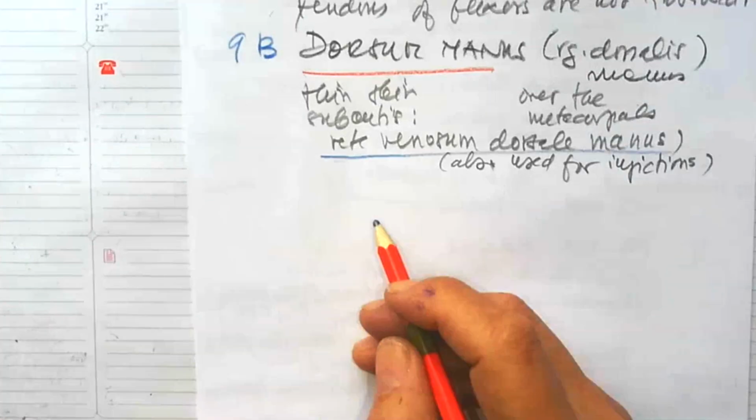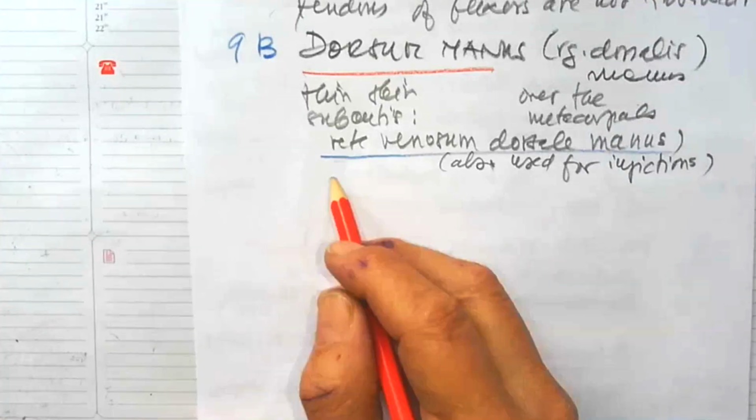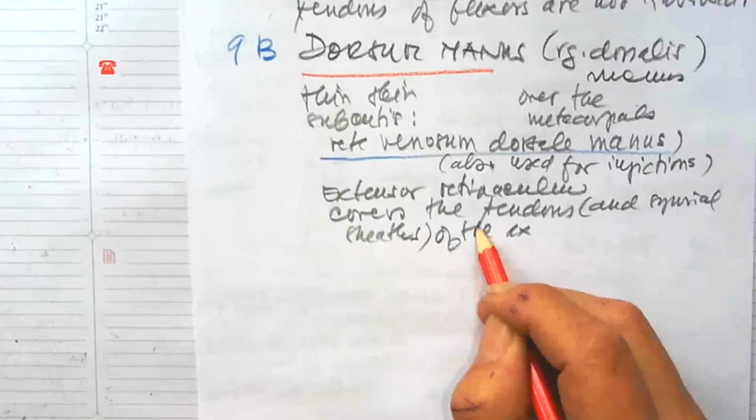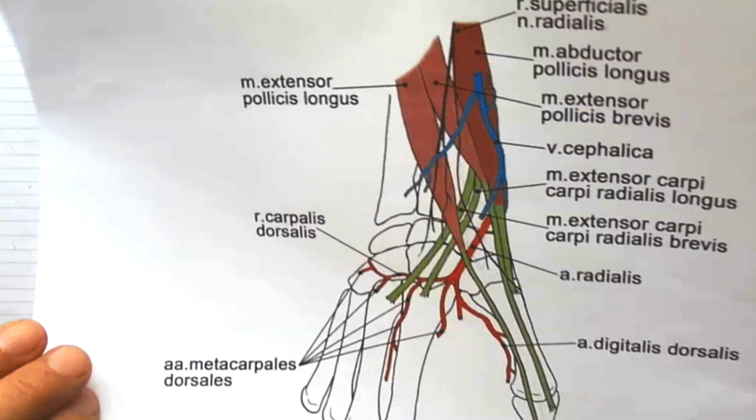Then follows the extensor retinaculum, which covers the tendons with their synovial sheath, part of them definitely of the extensors, mainly extensors, because you remember that there are also muscles of the little finger and index.